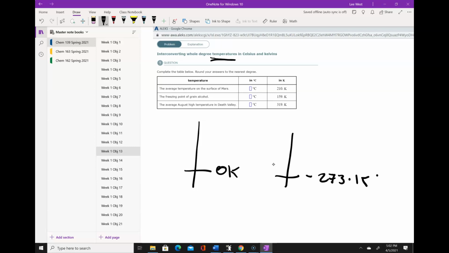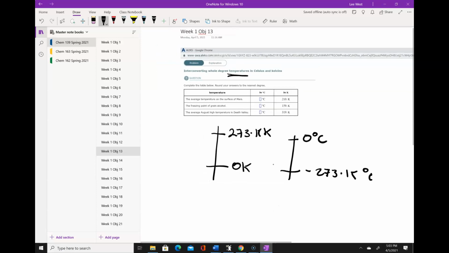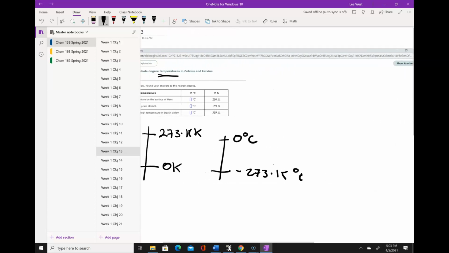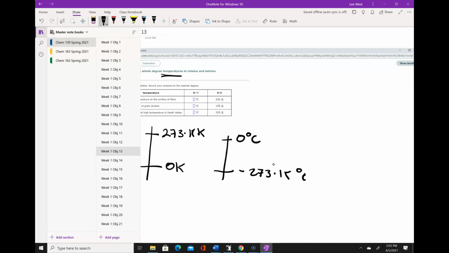So for example, 0 Kelvin is the same as minus 273 degrees Celsius, and 0 degrees Celsius is the same as 273.15 Kelvin. So the 0 scales are offset by 273.15 units.